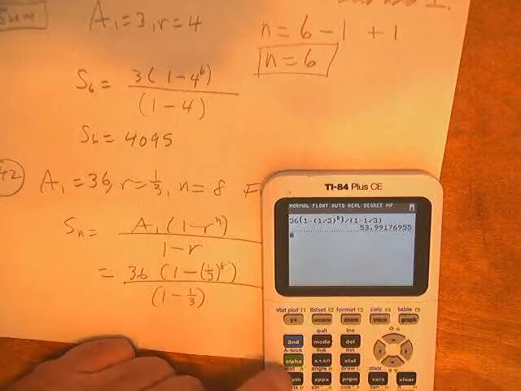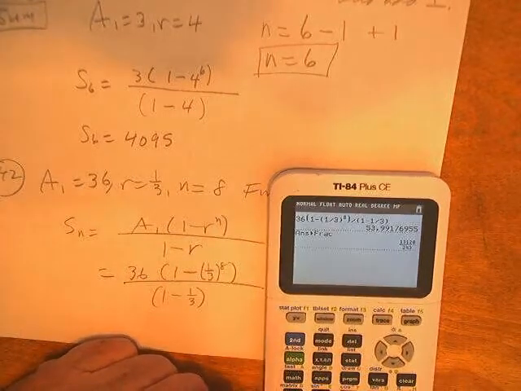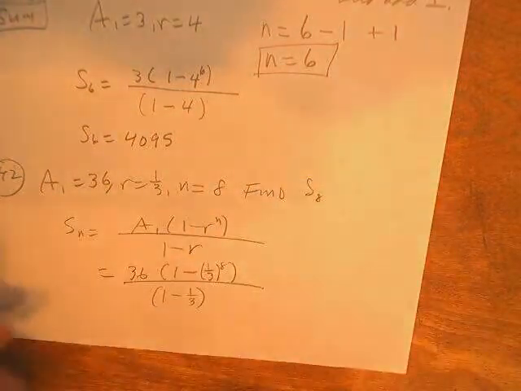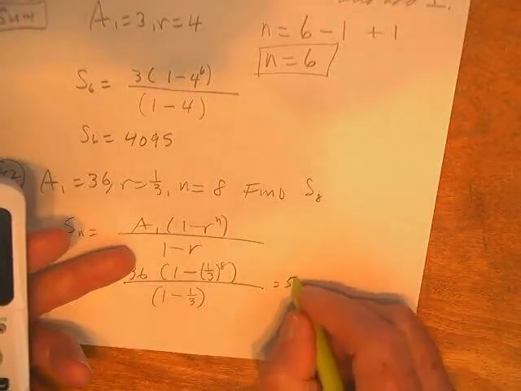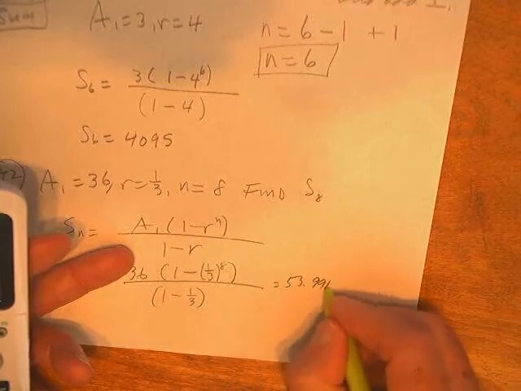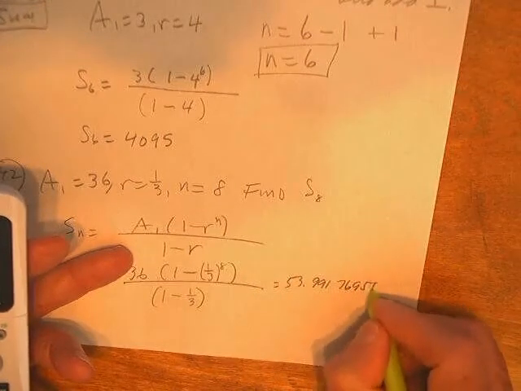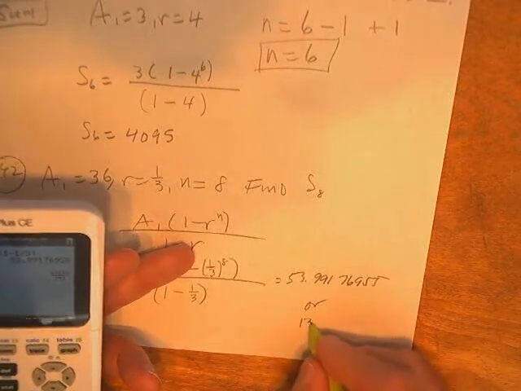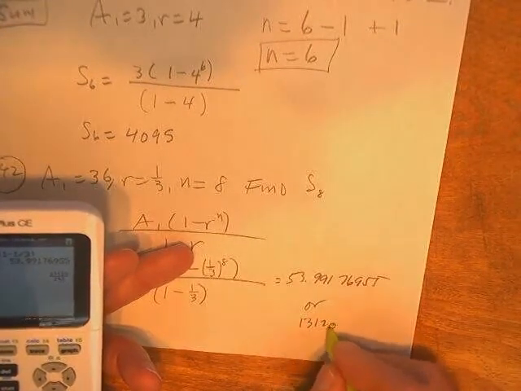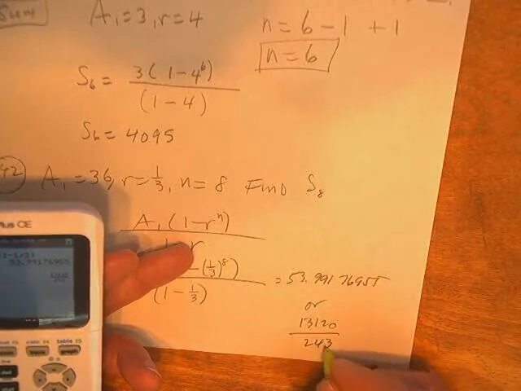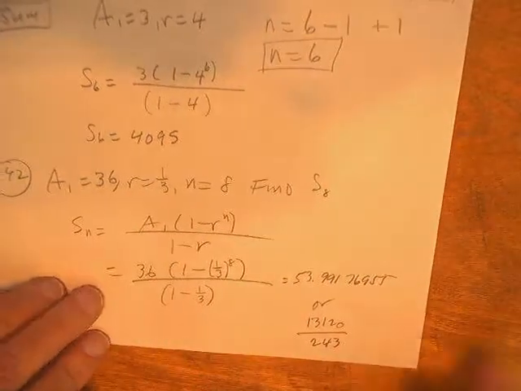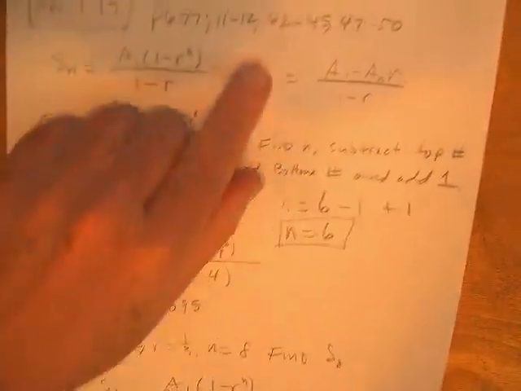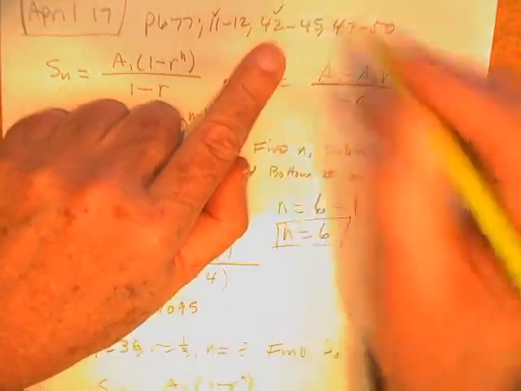And it happens to be right. Let's see if it'll do a fraction for us. That's funny right there. So either one of those works for me. 53,991,76955. Don't round it. I will count it wrong if it's rounded. And there's that one, we're good on it. Okay, and that's 42. So we did 11 and we did 42.